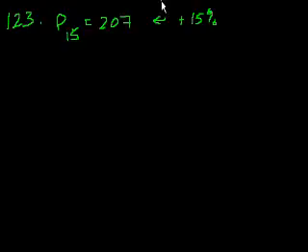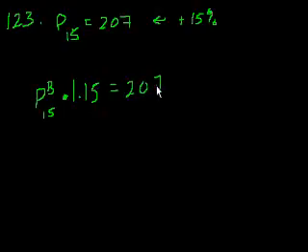Okay, so essentially we want to figure out the price of 15 before gratuity. I'll call this price before gratuity. I don't want to get too complicated with my notation. Price before gratuity times 1.15, right, because we're going to increase it by 15%, is equal to $207.